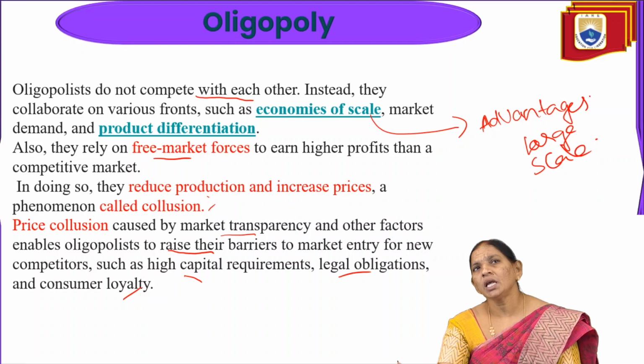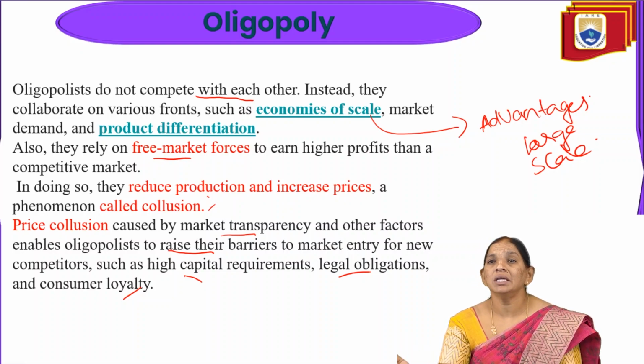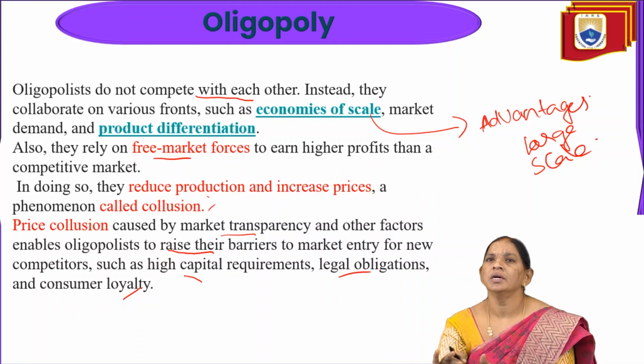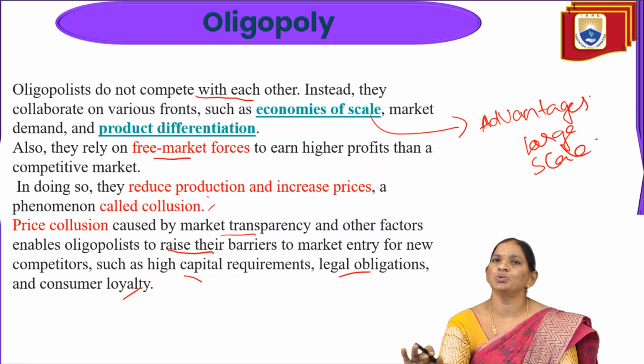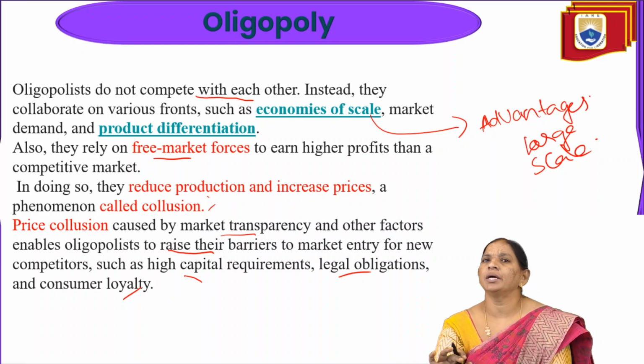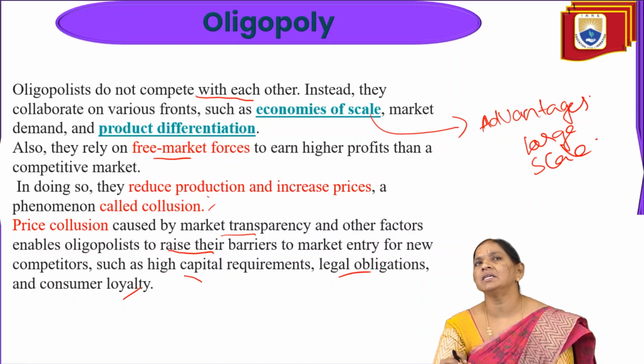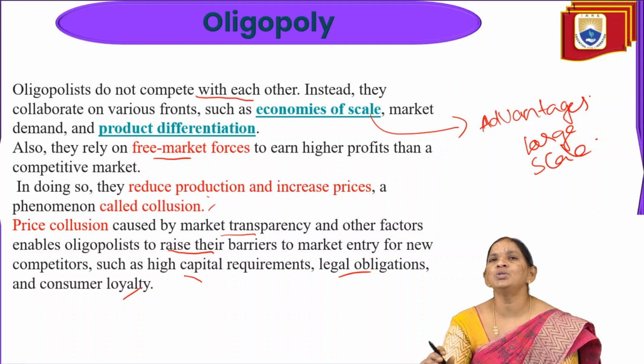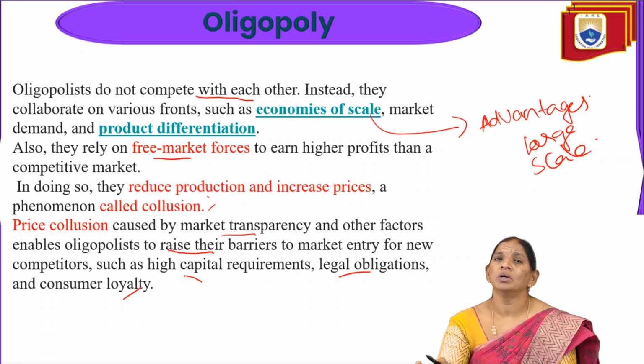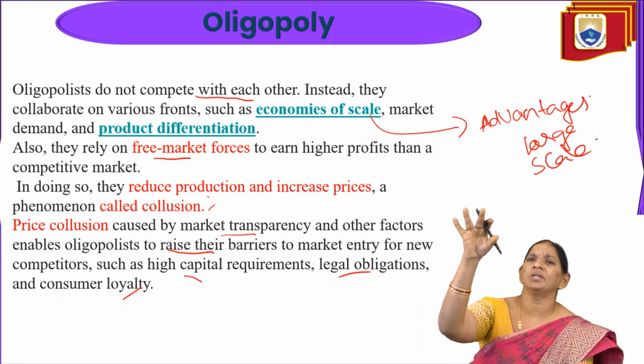Sometimes legal or government restrictions will prevent some people from coming into this type of competition. Another barrier is consumer loyalty, means brand image. The consumer says, yes, this is good, I purchase only that brand.